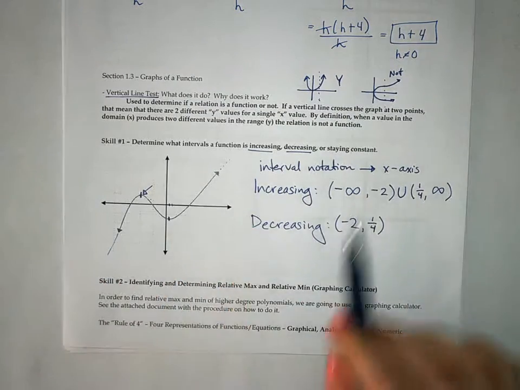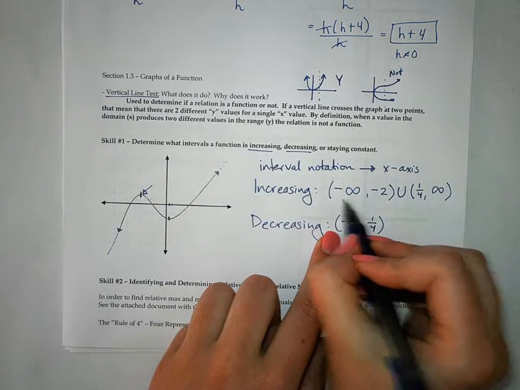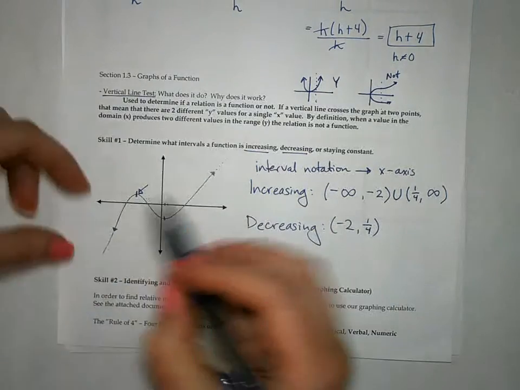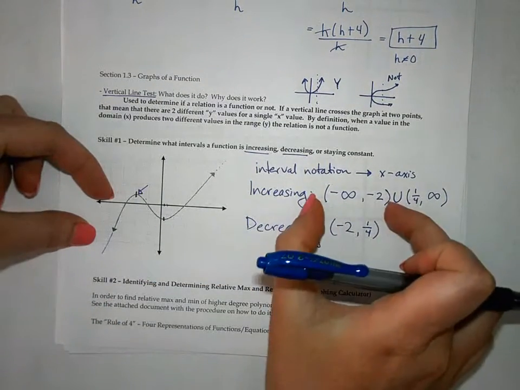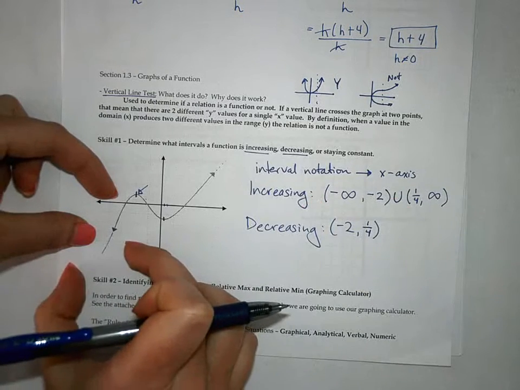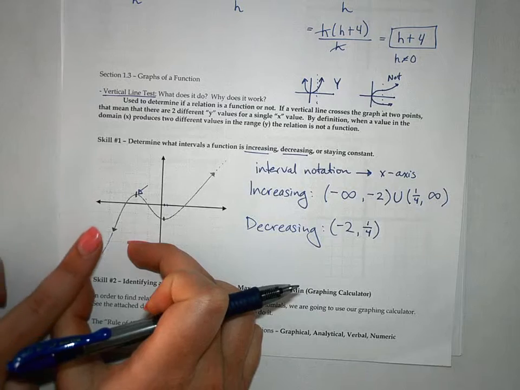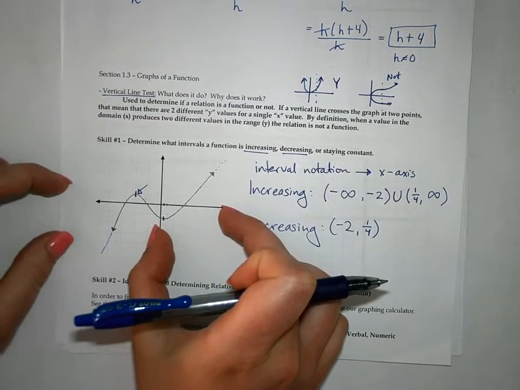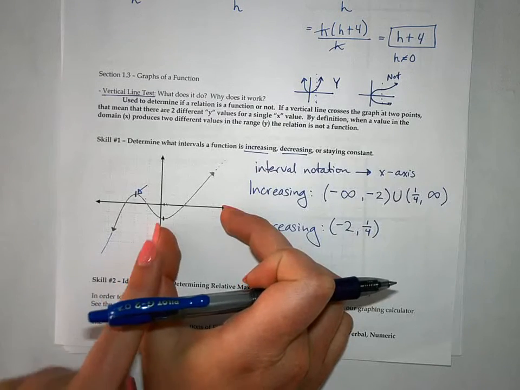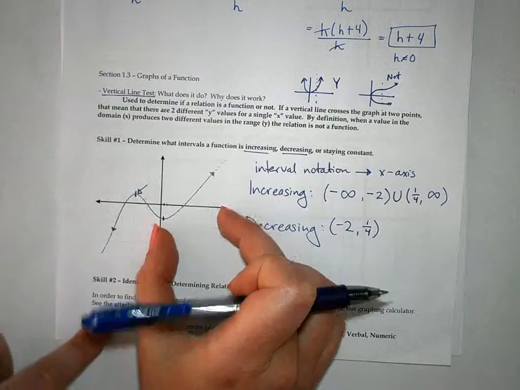So these sets of numbers here are only using x values to describe what's happening with the range of the function. If you look at this x description from negative infinity to -2, we're actually describing that the range is going upwards if you look at it sideways. And again, from 1/4 to infinity, we're looking at the range is increasing as we go over that particular section.